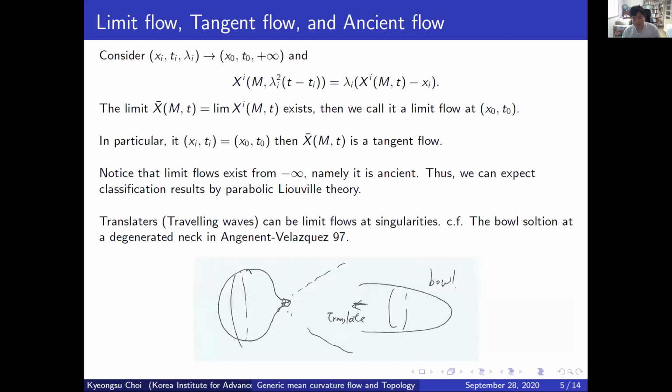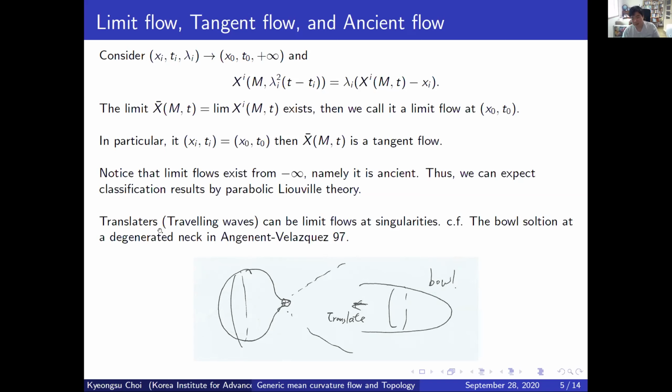So through the tangent flow, you can only see the self-shrinkers, not other types of solutions. However, in the case of the limit flow, we can actually see translators.